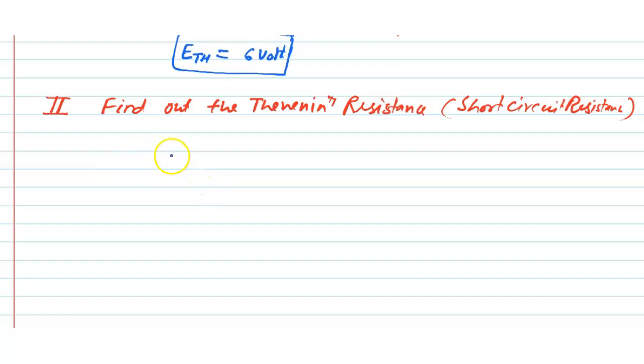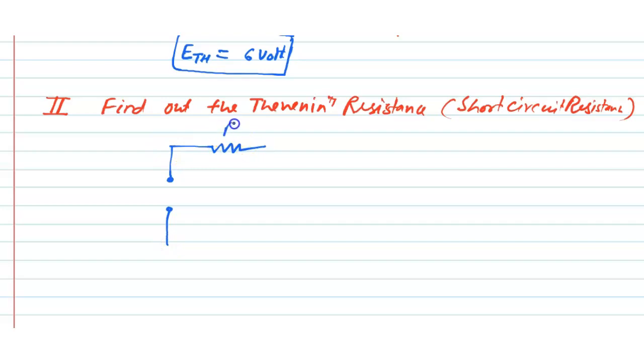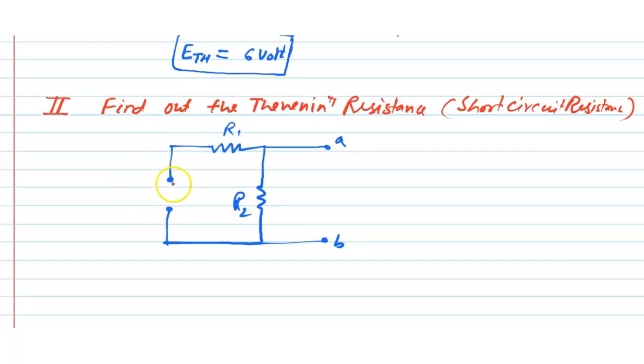In this case there is no current source, there is only one voltage source. Now remove this voltage source from the circuit, and this is R1, this is R2, and this is terminal A and this is terminal B. The voltage source is removed and it is short circuited.